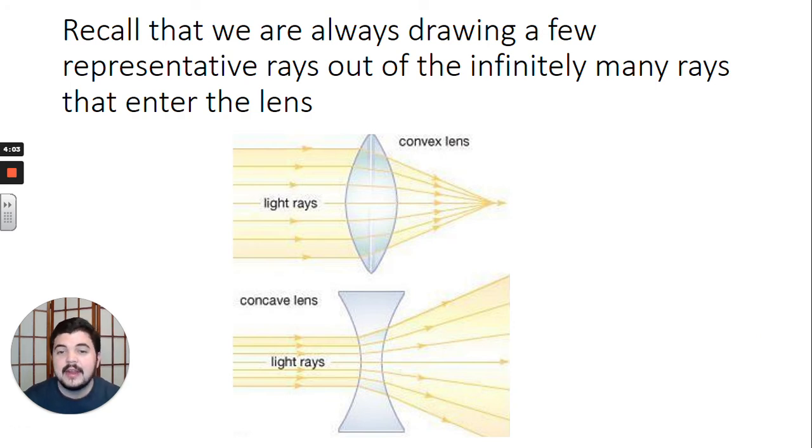And there's going to be infinitely many light rays that may pass through those lenses. And we're going to draw just a representative sample when we draw some diagrams for our rays. But in general, your convex lens, your incident parallel light rays all converge at the focal point, whereas your incoming parallel light rays for your concave lens, they all spread out.